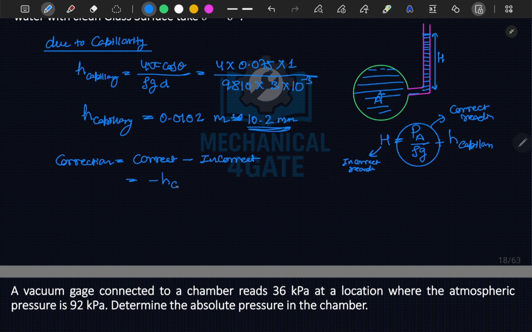So the correction required is minus 10.2 mm. This is your correction amount.